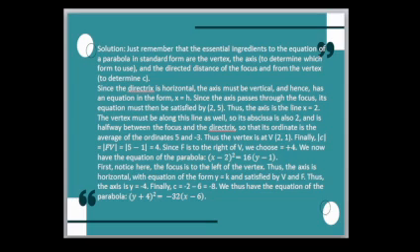Since the axis passes through the focus, its equation must then be satisfied by 2 and 5. Because mauna siya ang focus na sa first quadrant, 2 and 5. Thus, the axis is the line x is equal to 2 because x is equal to h man.